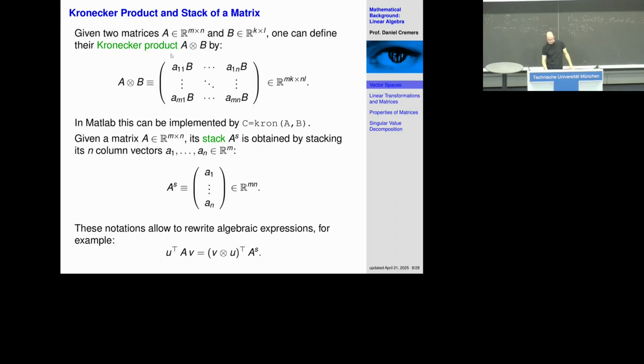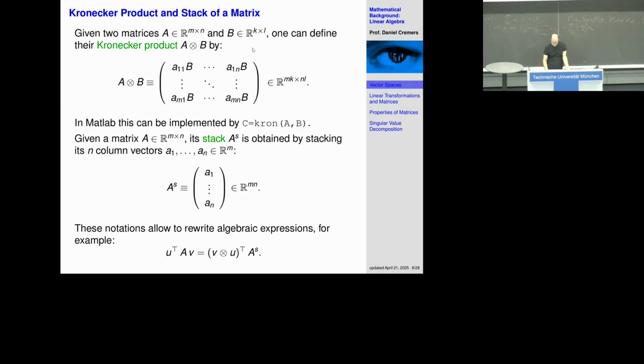Basically what you do is you take the coefficients of the first matrix and multiply each coefficient with the matrix B. And obviously you get some very massive matrix with dimensions MK times NL. That's a way to combine two matrices.